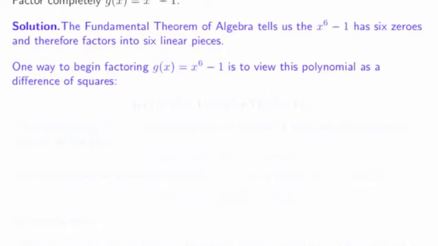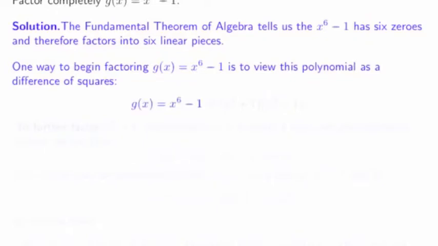One more problem. Let's factor completely x to the 6 minus 1. The fundamental theorem of algebra tells us that x to the 6 minus 1 has 6 zeros, and therefore factors into 6 linear pieces. One way to factor x to the 6 minus 1 is to view this polynomial as a difference of squares.